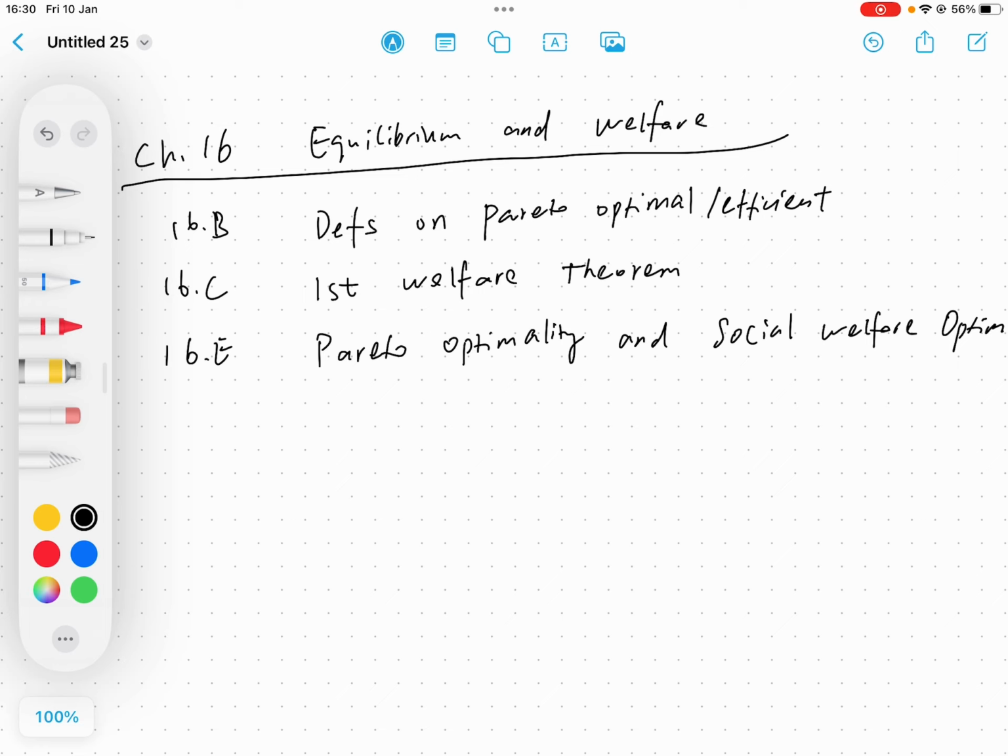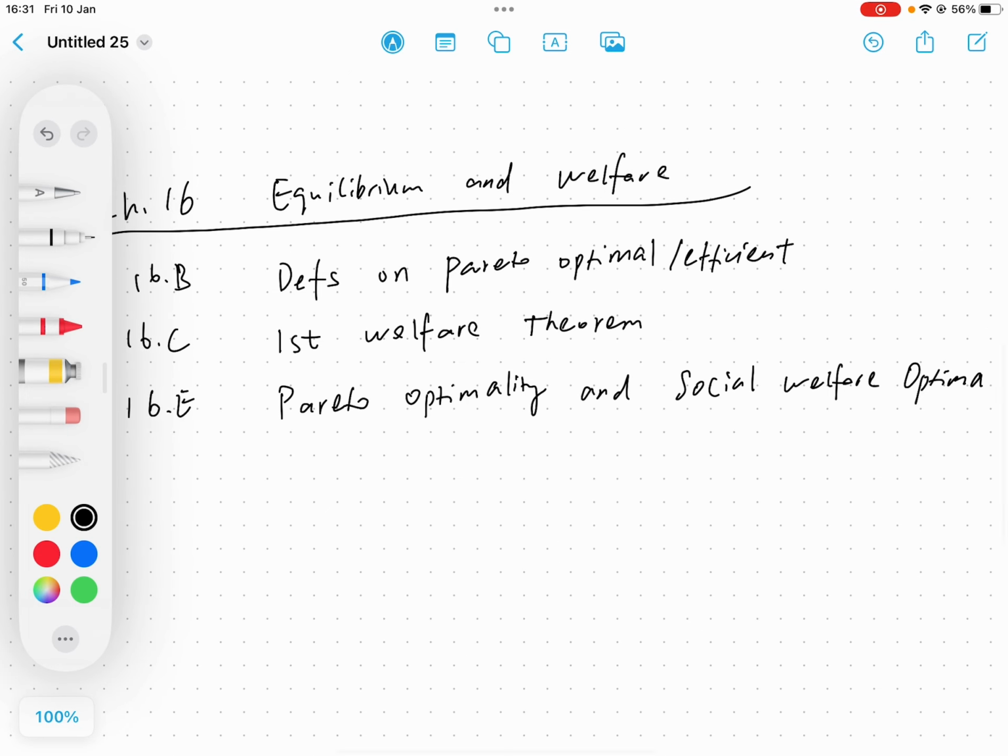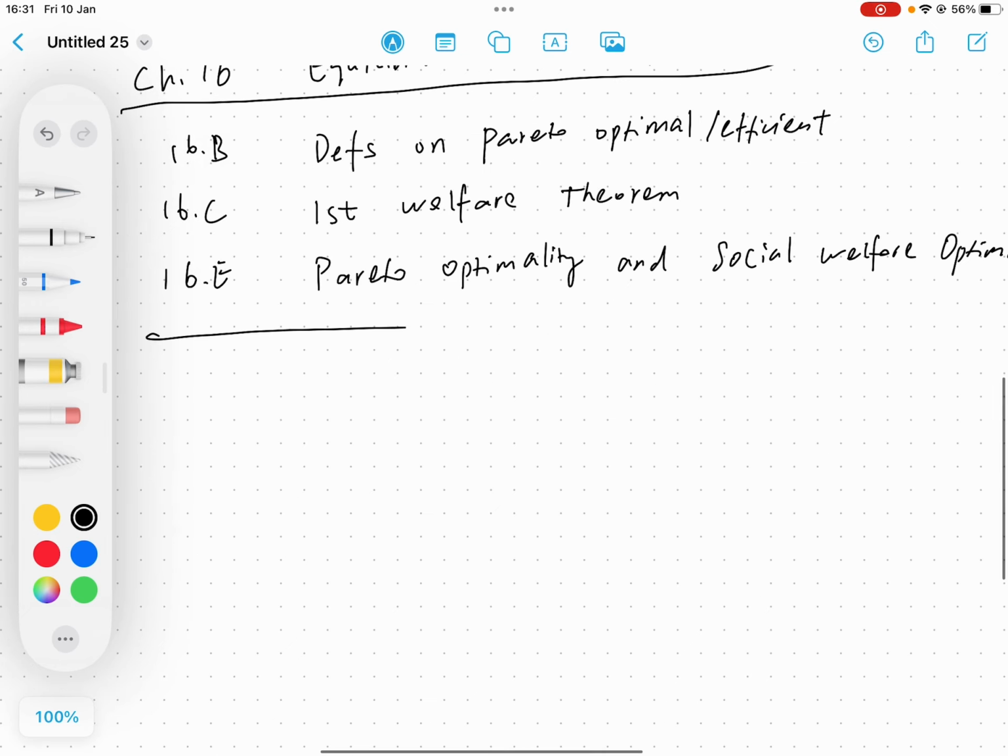And in part C, we're going to introduce the first fundamental theorem of welfare theory. Then we're going to introduce some properties of Pareto optimality, and also discuss the related social welfare optima, which is closely related to Pareto optimal. Good. So let's begin with the definitions first.